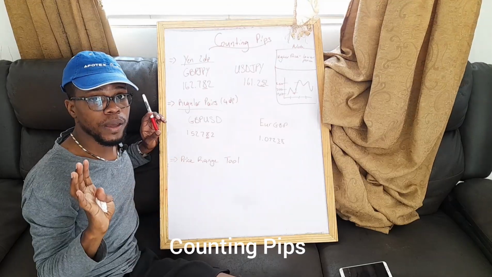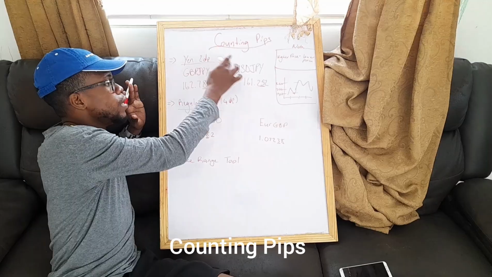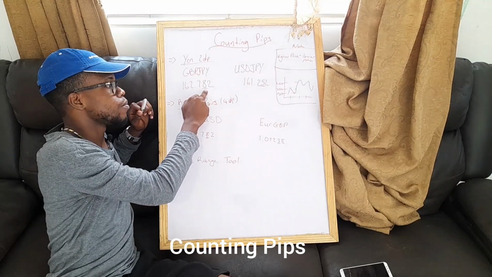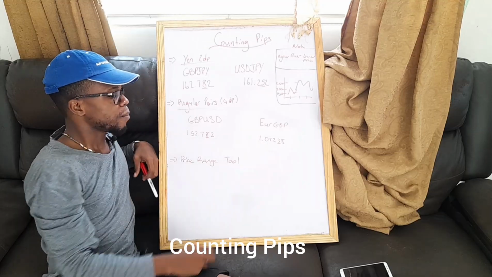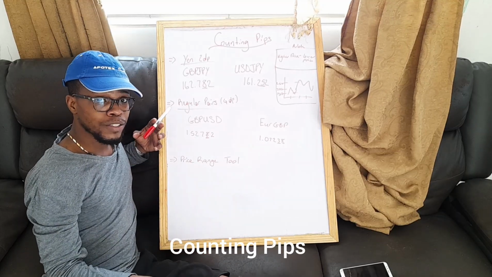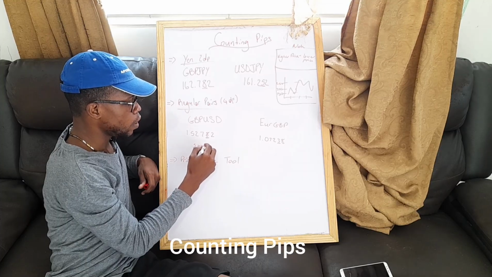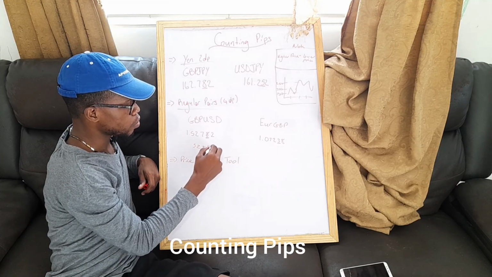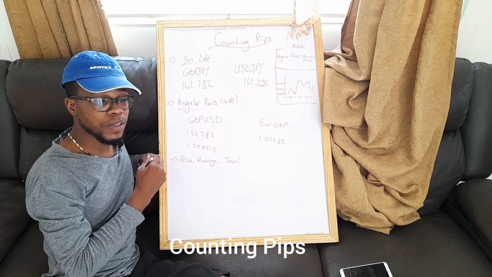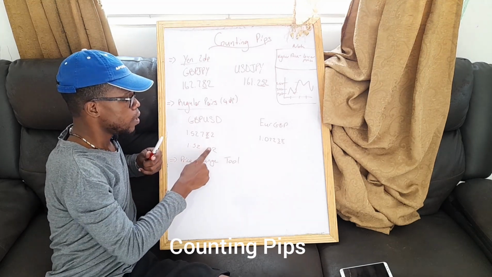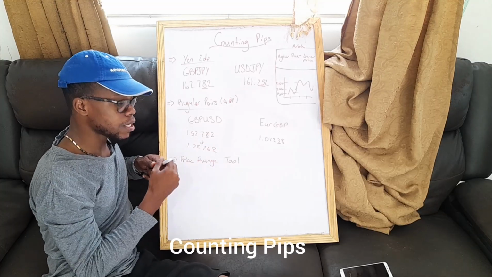You can look at it that way, or you can use it how everybody says it: for the yen pairs, the second value from the decimal point, and for non-yen pairs, the 4th value from the decimal point. If you want to add 2 pips to this, then this would be 1.52802. If you want to subtract, then this would be 76. It's as simple as that.